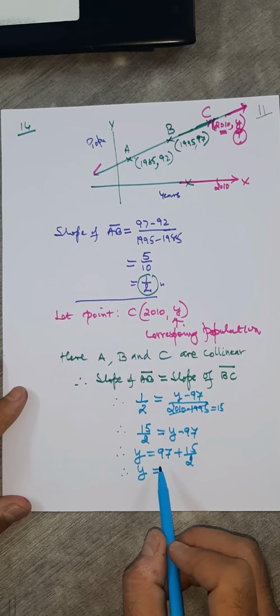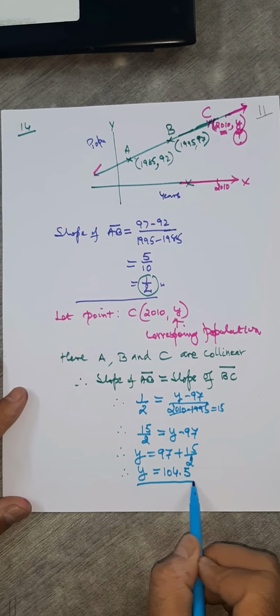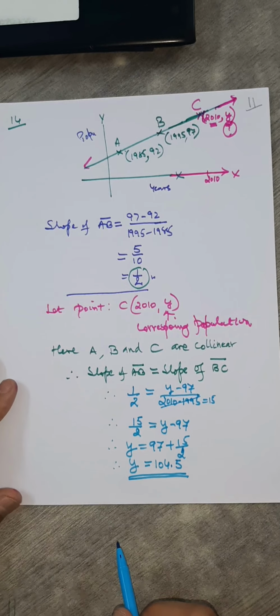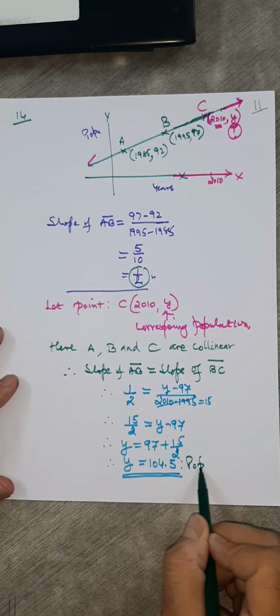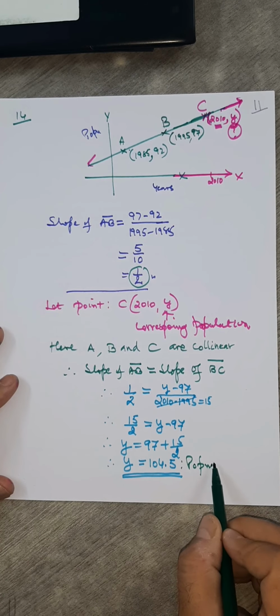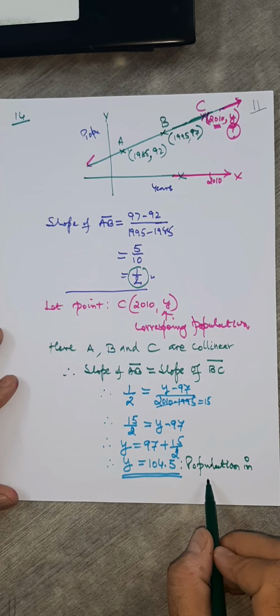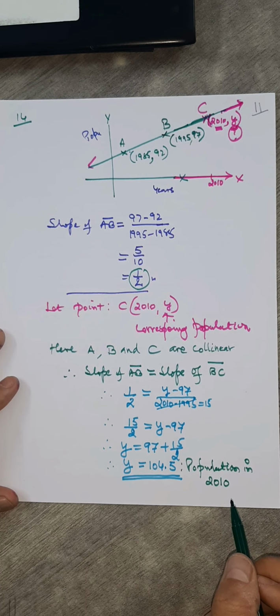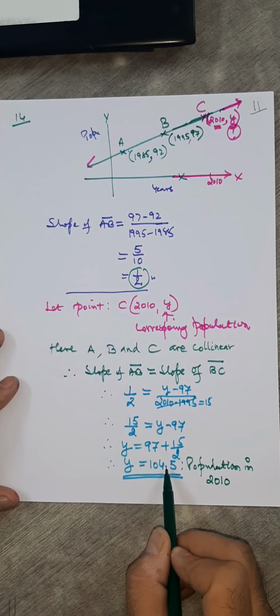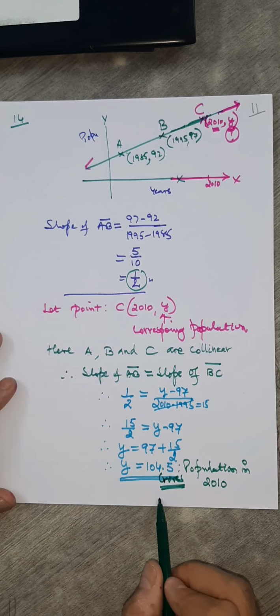So 7.5 plus 97 is 104.5. That will be the population in the year 2010. Here I suppose population data will be in crores, so this is 104.5. You can write crores here. Fine.